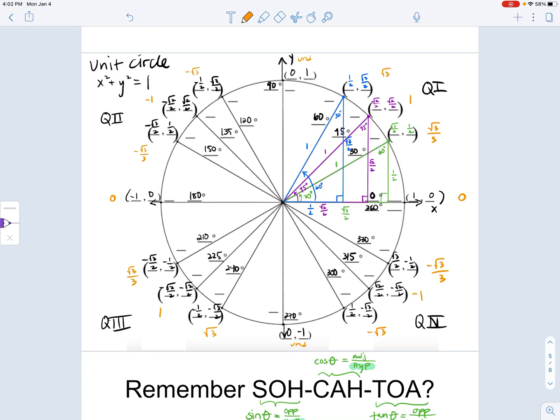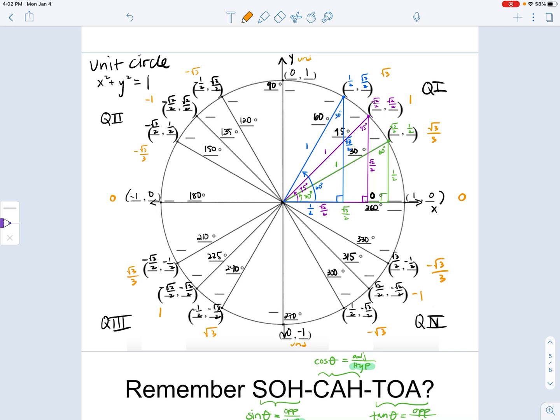What I have filled in here, so all of the angles in degrees, all of the points that lie on the unit circle that correspond to those angle measurements, as well as the values of tangent, you should have memorized. And you should be able to get to the point where you just visualize the unit circle and reference it.